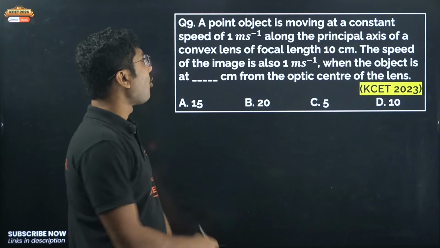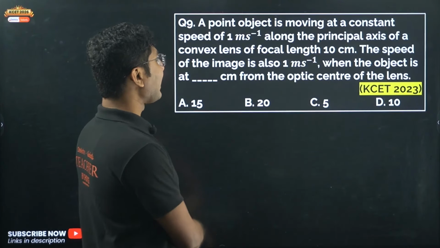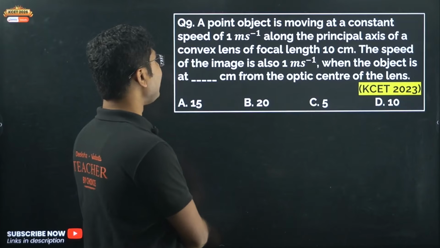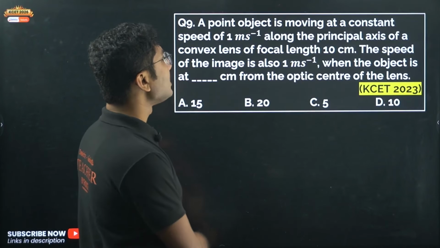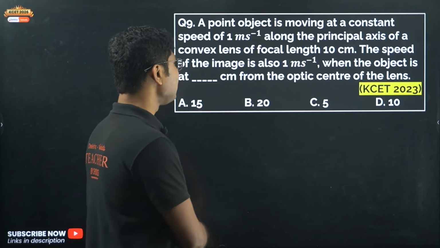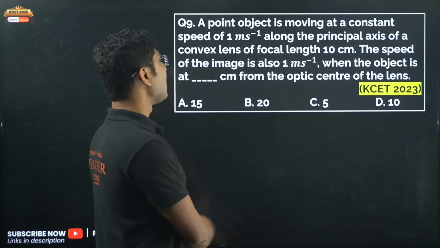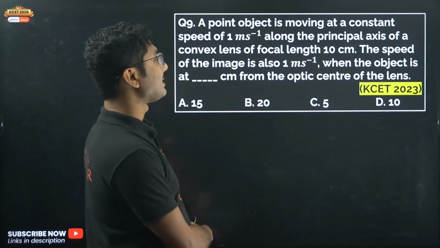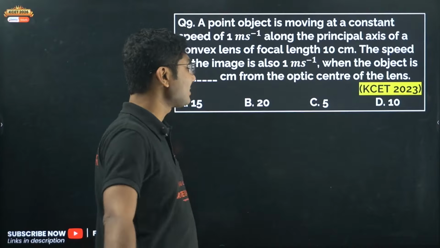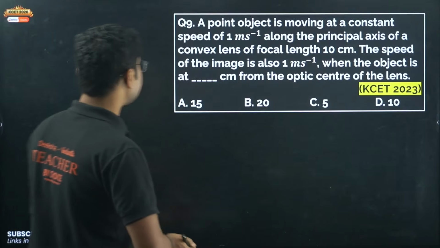Next question: a point object is moving at a constant speed of 1 meter per second along the principal axis of a convex lens of focal length 10 centimeter. The speed of the image is also 1 meter per second when the object is at dash centimeter from the optic center of the lens.